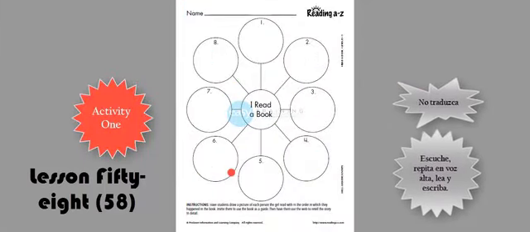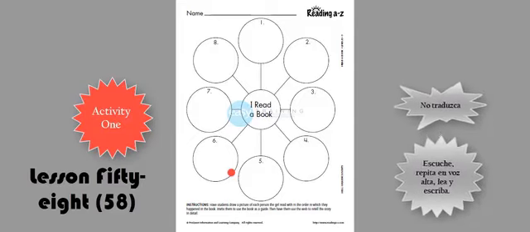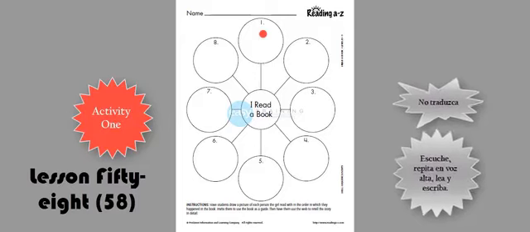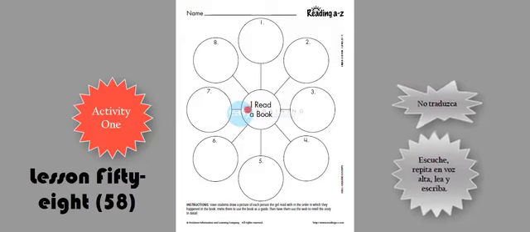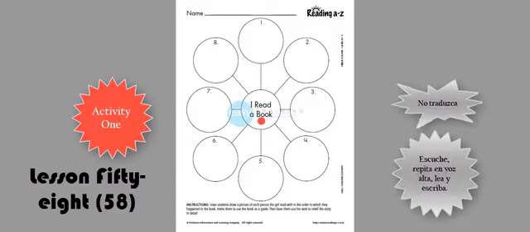Well, we are going to have two activities in this lesson, and this is activity 1. There is a web with 8 circles around, and the main idea in the middle. The main idea reads, I read a book. This is what the girl says in the lesson, I read a book.